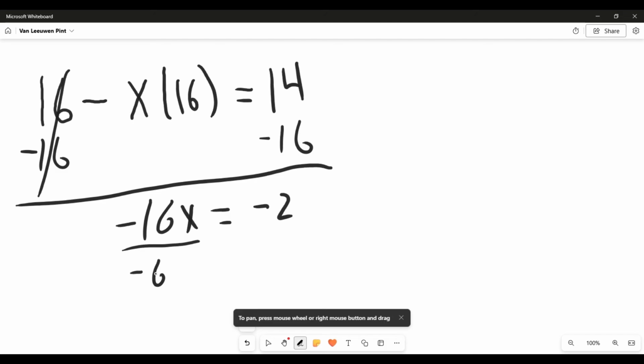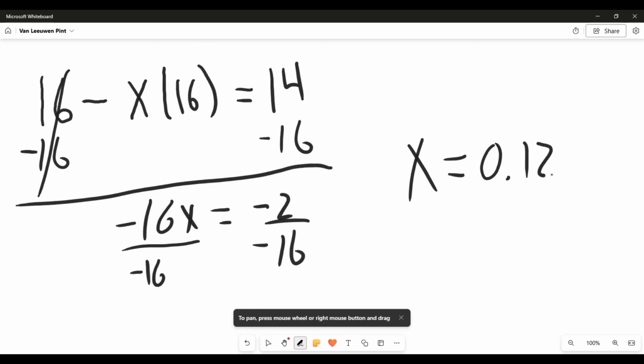We divide both sides by negative 16, and we get x equals a positive... And if I take my calculator out, it will be 0.125. So what does that mean? That is 12.5% less of a pint.